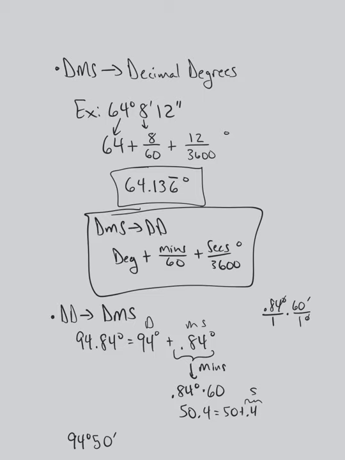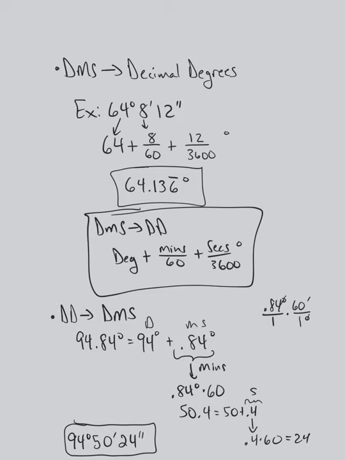How do I convert that into seconds? The same thing: I just multiply by 60. You do 0.4 times 60, and we get 24 seconds.